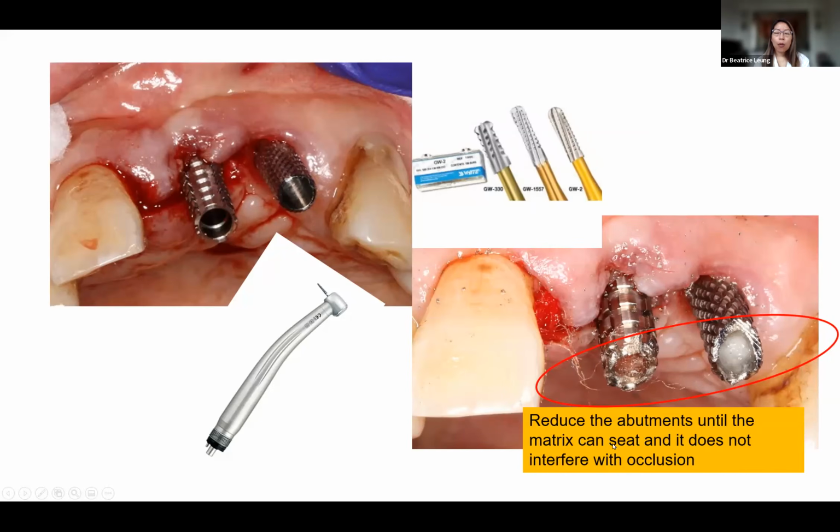Okay. Now, when you have to reduce it, you can either reduce it intraorally with lots of irrigation or extraorally. I find that if I'm not doing immediate placement, it's faster for me to reduce it intraorally. But if you've never done it, it may scare you because it can create a lot of sparks, okay?